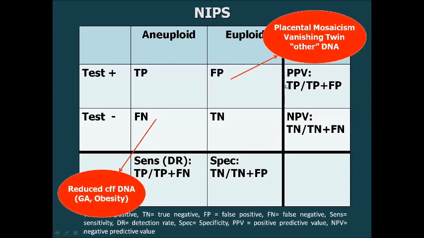So if we look at the variables that determine the positive predictive value, what we're saying is that in low and average risk patients, the true positive number will decrease, and the false positives are anticipated to stay the same in this patient population, or in fact increase.